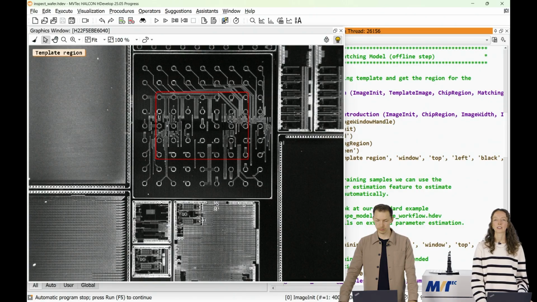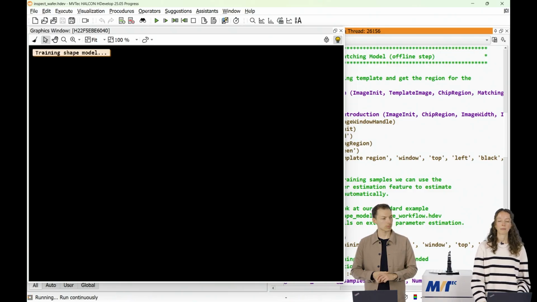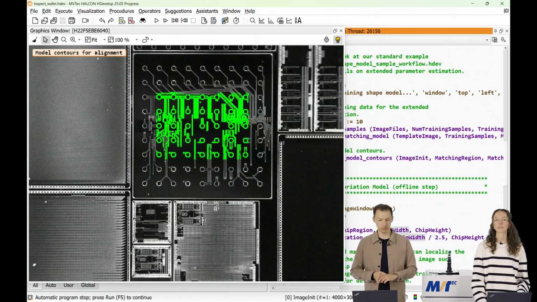And with that and some training images, we can then train the matching model. Here also the extended parameter estimation is used to estimate a few parameters so you don't have to set them manually, which makes it a lot easier. Now in green, you can see the extracted contours that then can be used for the alignment of the chip, because we need that to generate the training samples for our variation model.